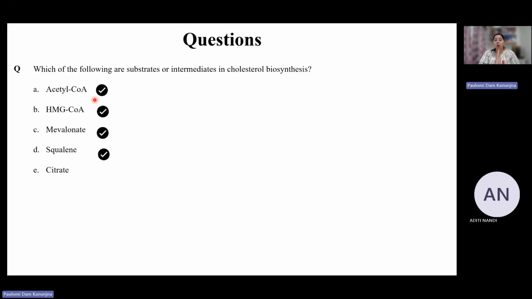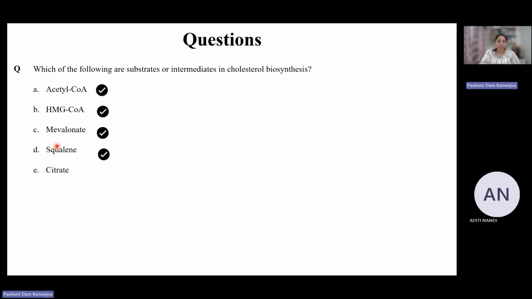No problem. So all of these are part of it except for the last one, which is citrate. Citrate is not part of it. If you look into the cholesterol biosynthesis pathway, you will see that it begins with acetyl coenzyme A. Then it forms HMG coenzyme A. Then it forms mevalonic acid. Then it forms isopentenyl pyrophosphate, IPP. Then it forms squalene. And at the end, it forms lanosterol, which forms the cholesterol.